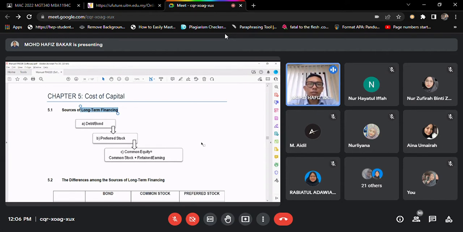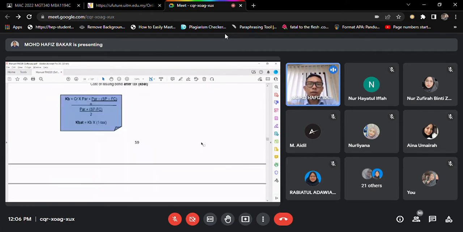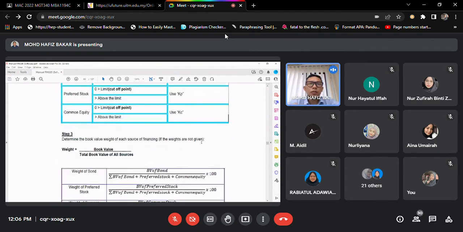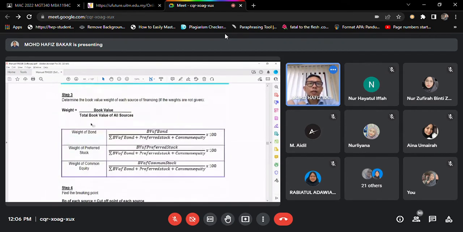For step number 3, you need to calculate the weightage. So for the total book value you need to exclude the current liabilities, which means you just include bond, preferred stock, common stock and retained earnings. If they provide retained earnings, you need to include that one. For current liabilities, you need to exclude them to calculate the weightage.